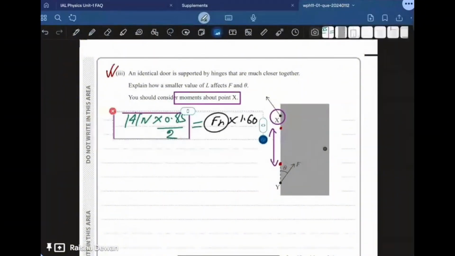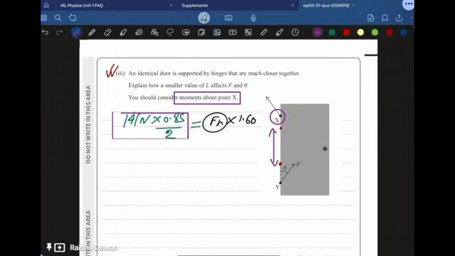So basically this was our equation when we took pivot at X. Now this was our L value. Now for this question, our L value has decreased.